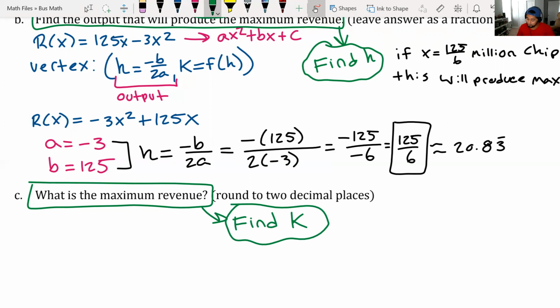And using the answer from above, K is going to be R of H. Do we know the H value? We sure do.